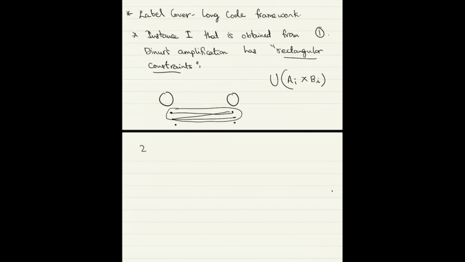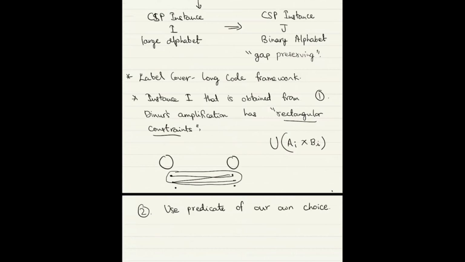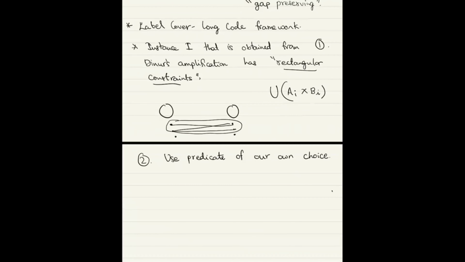And the second part is to use a predicate of our own choice. So we use a 4-ary predicate, which Håstad used in coloring hardness results. Essentially using these two steps, we prove that you can get alphabet reduction pretty directly without using assignment testers.